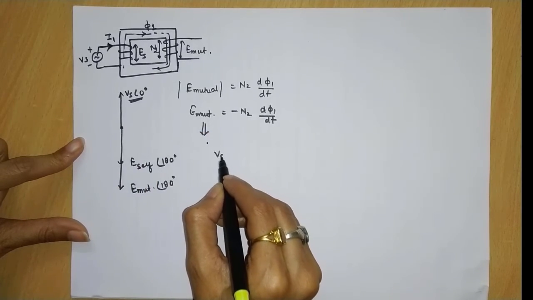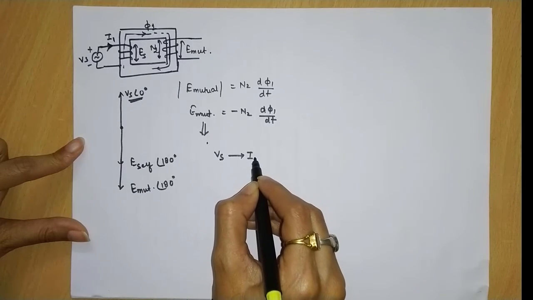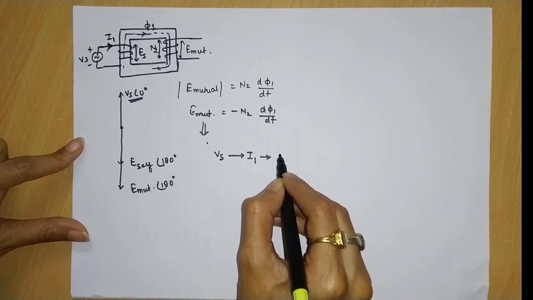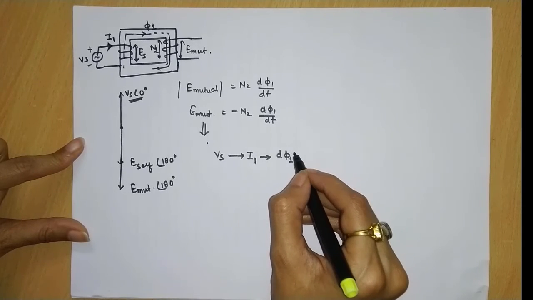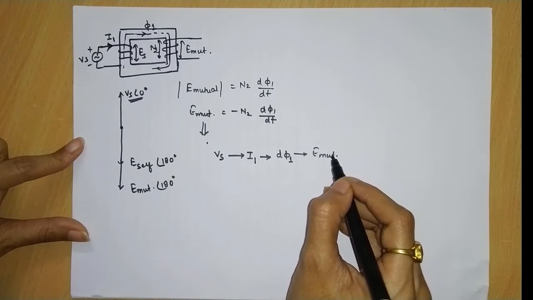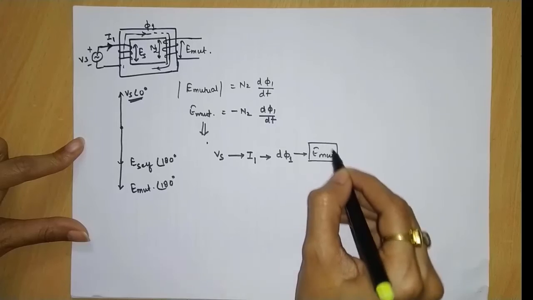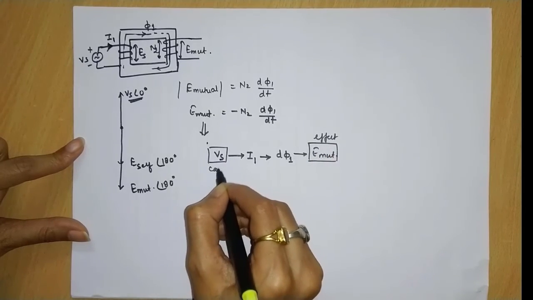Because we gave the supply voltage, it produced current in the primary, causing a change in main flux, that is the primary winding flux, and this caused mutually induced EMF in the secondary winding. Therefore, this is the cause and that is the effect.